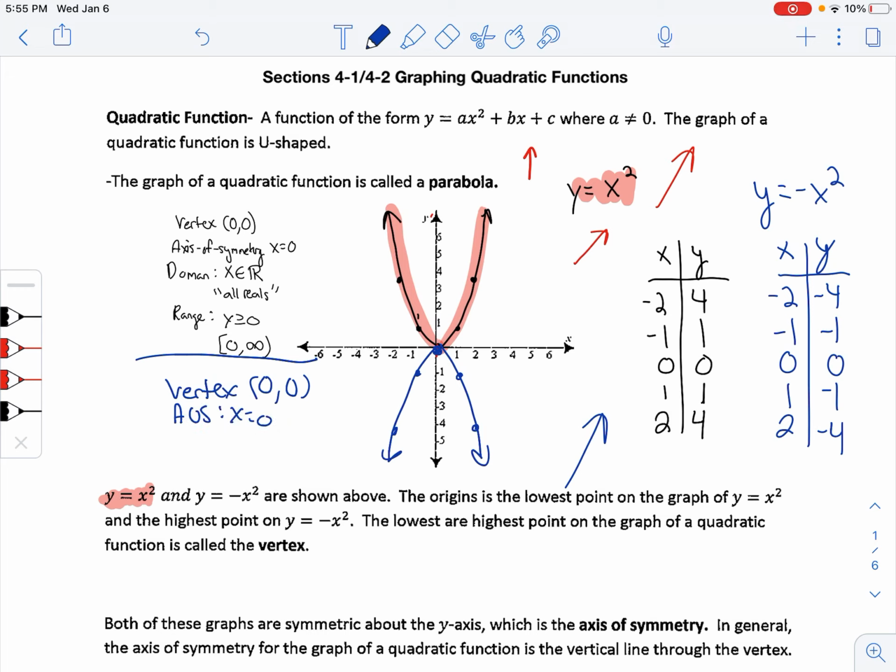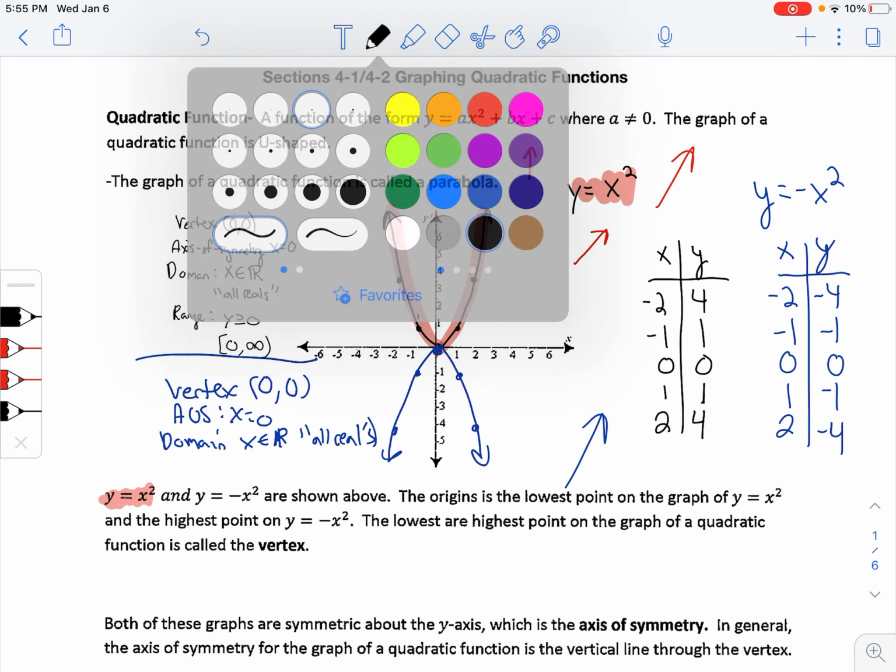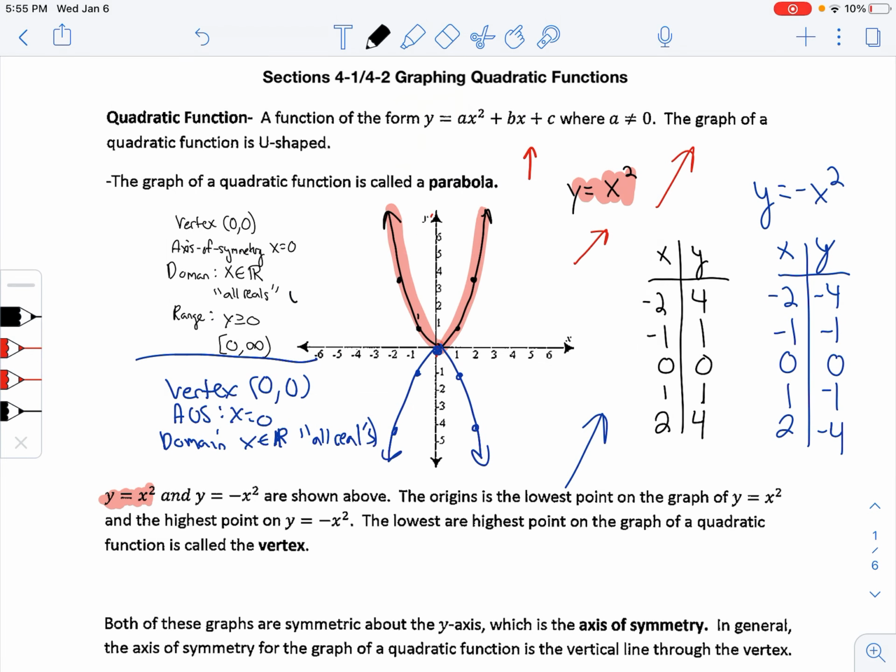The AOS is at x equals 0. The domain for any of these functions is x is an element of the real numbers. You can just say all reals, or we could put these in interval notation as well. I don't care which way you write it. It goes from negative infinity to infinity.